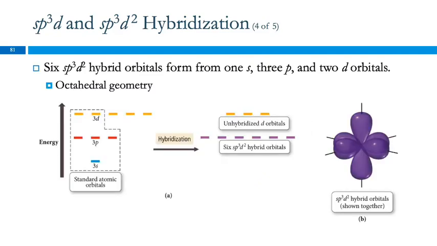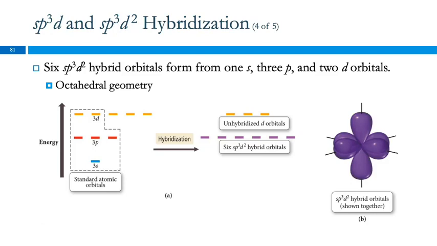Well, what if we need 6? I'm going to take the S and the 3 P's and the 2 D's. Now, in the hotel, could you remodel these rooms and take the S room and one of the P beds and then some of the D beds? No, you can't.